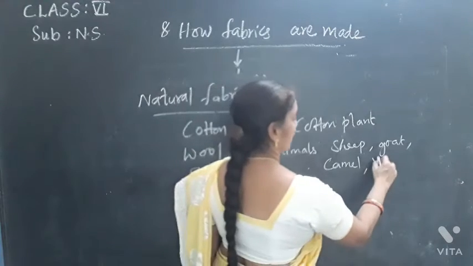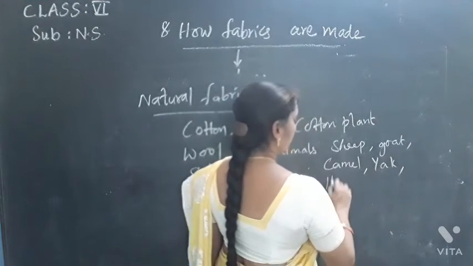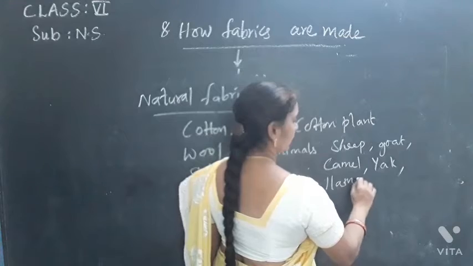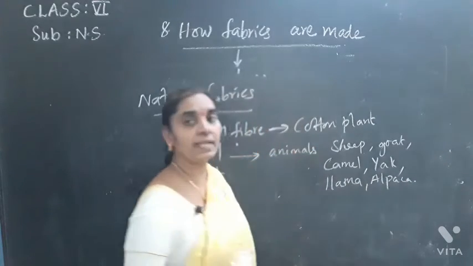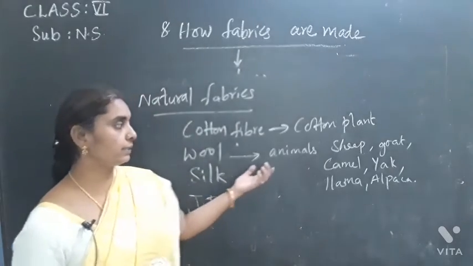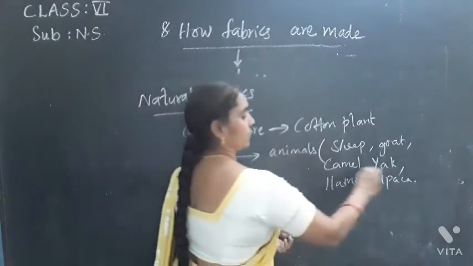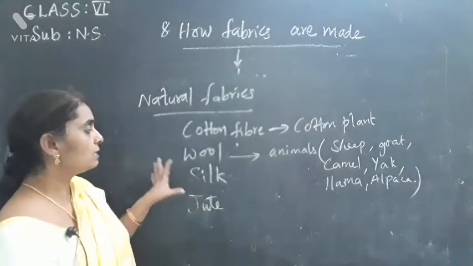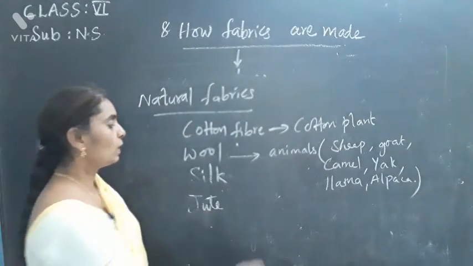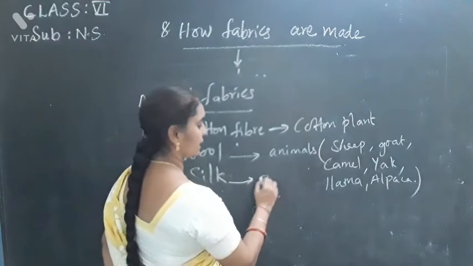These are the animals from which you get wool. In different places of our country you get wool from different animals like sheep, goat, camel, yak, llama, alpaca, etc. Now coming to silk, you get silk from the insect silkworm.